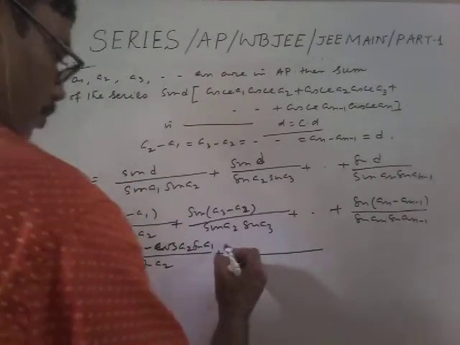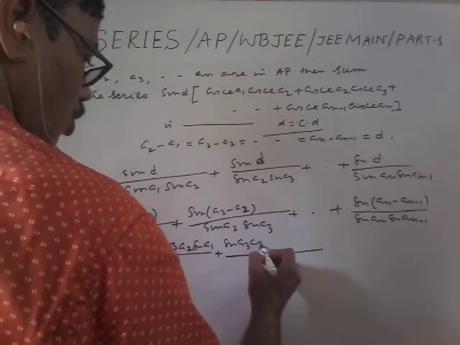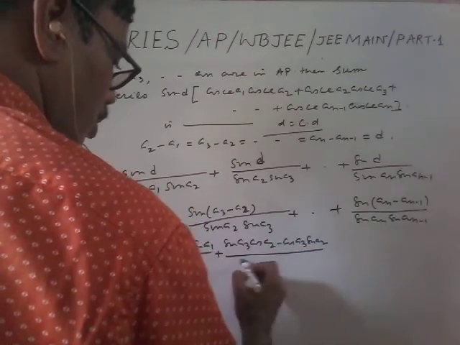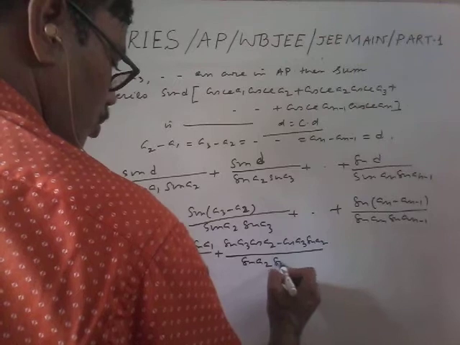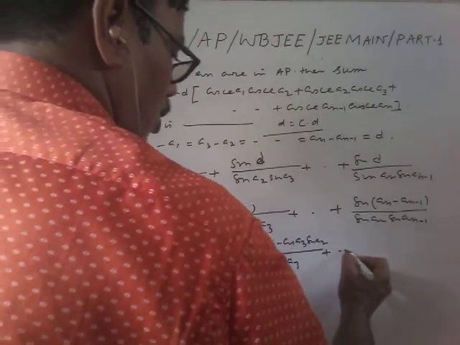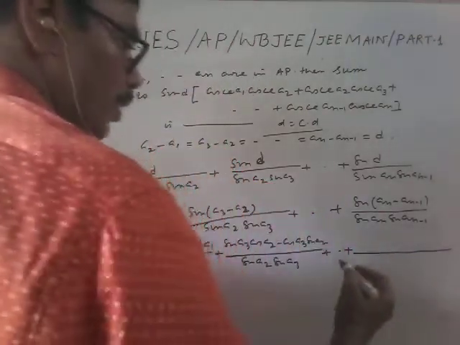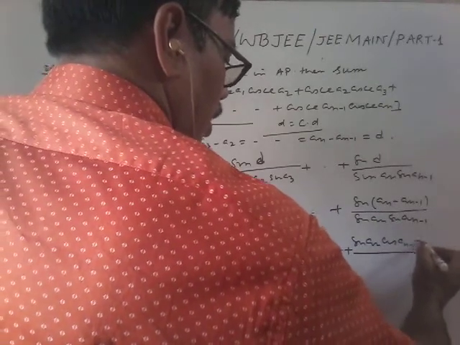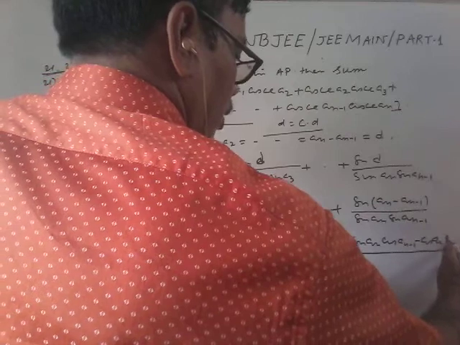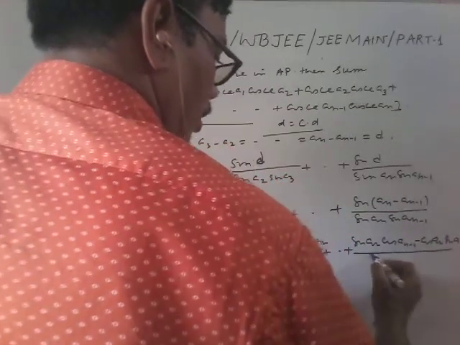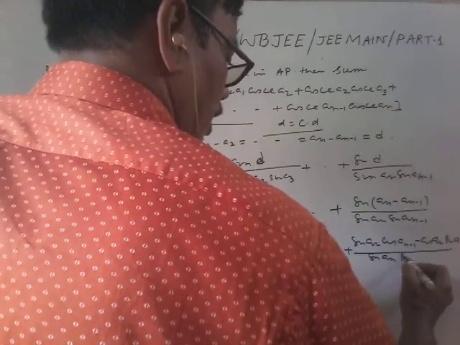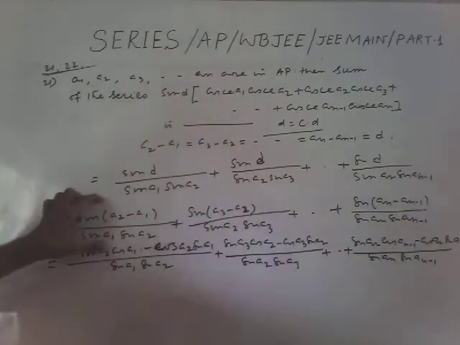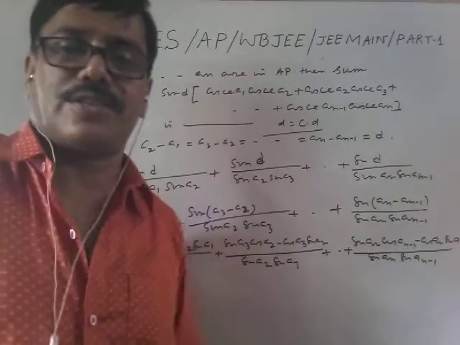Similarly, sin a3 cos a2 - cos a3 sin a2 over sin a2 sin a3. Finally, sin an cos a(n-1) - cos an sin a(n-1) over sin a(n-1) sin an. So this is the vital step.